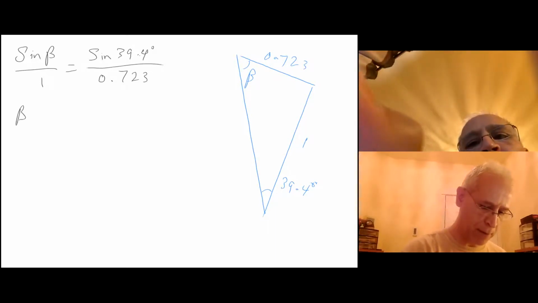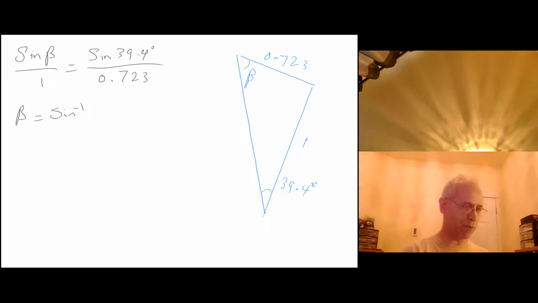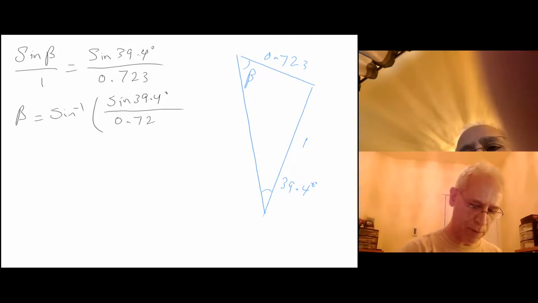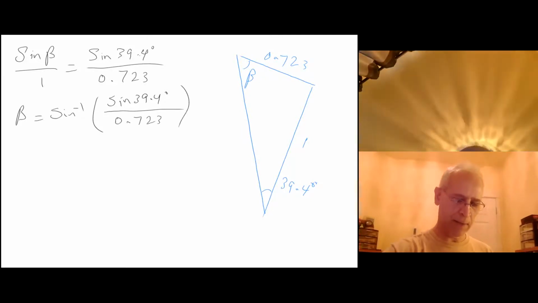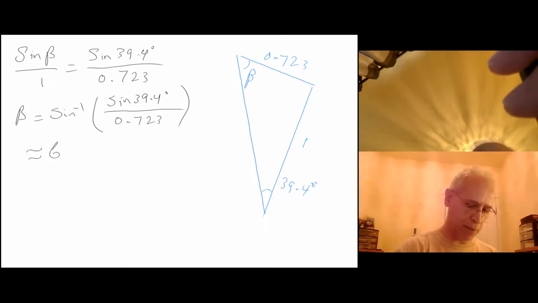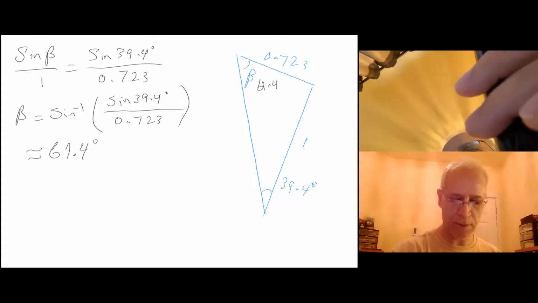So beta equals sine inverse of sine of 39.4 degrees divided by 0.723, which is approximately 61.4 degrees.